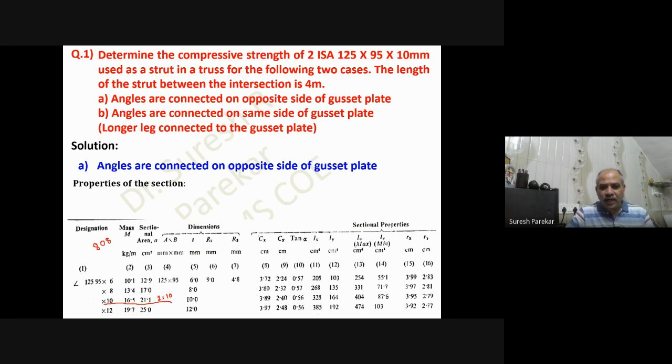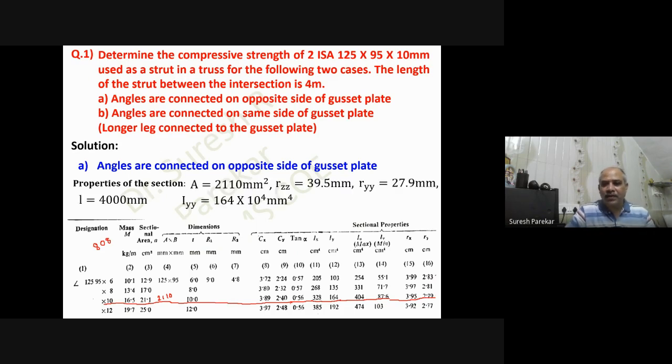Then, going ahead, you can see IXX 328, IYY 164 centimeter to the power 4, so into 10 raised to 4, and then RXX 39.5 millimeter, RYY 27.9 millimeter. These values we have copied from the table. So RZZ we have as 39.5 and RYY as 27.9.